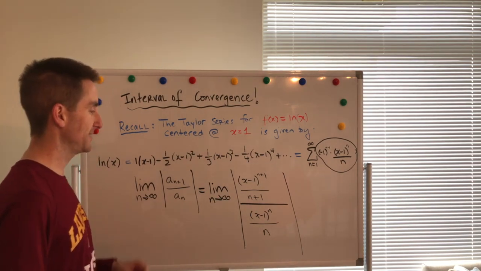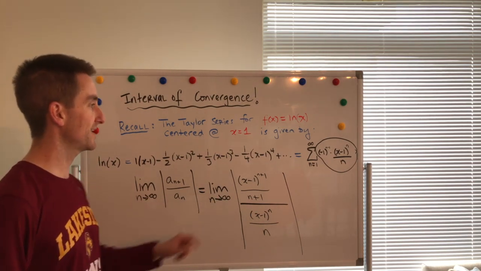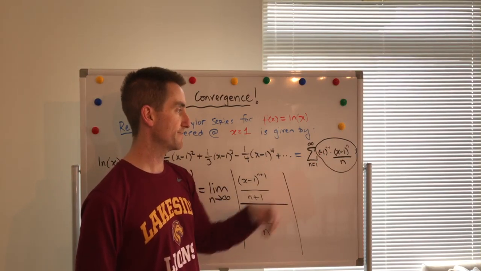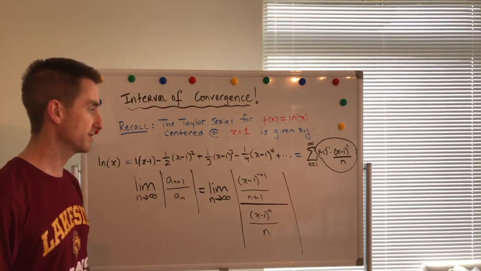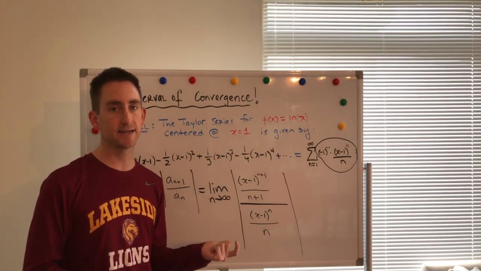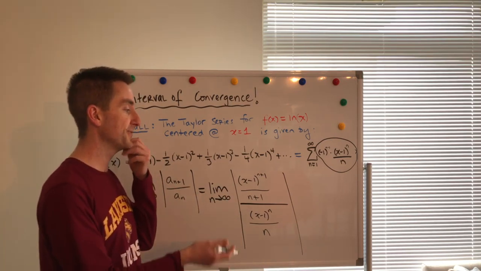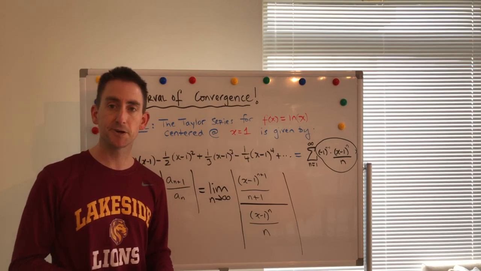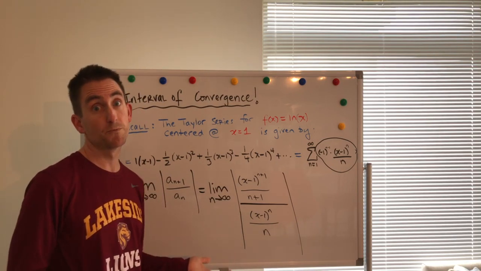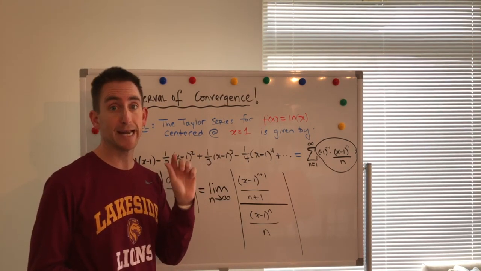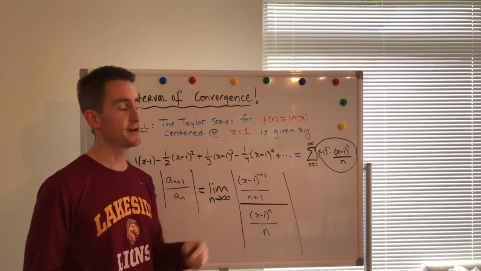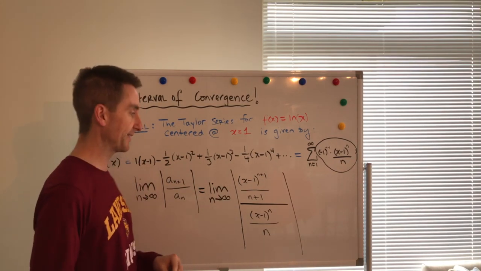Again, just a quick reminder that I'm not including the negative 1 to the n minus 1 in my work, because that's just affecting the sign of the terms. If we're taking the absolute value of the ratio of those two terms, the ratio would be negative since it's alternating positive, negative, positive, negative, but the absolute value would still be positive.